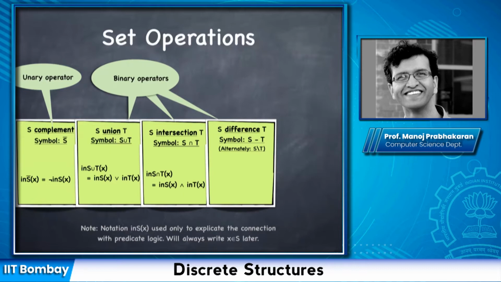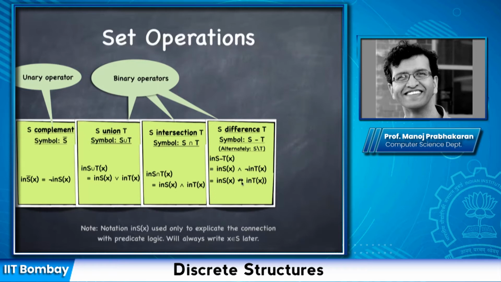And in terms of the membership predicate, an element is in S difference T if and only if it is in S and not in T. Now, you can always write this in terms of one of the binary operators from propositional calculus, and it just happens to be the negation of the implies operator.